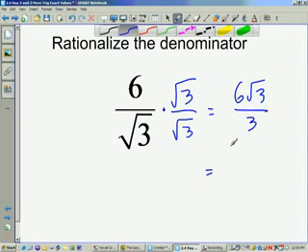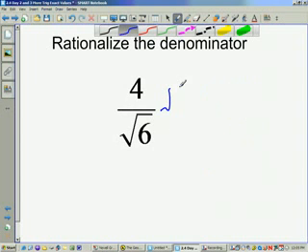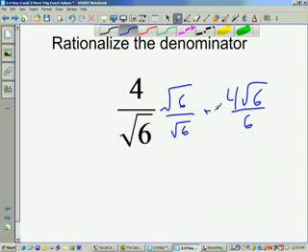Now in this case we can simplify this. 6 divided by 3 is 2. So this will be 2 root 3. If I multiply by root 6 over root 6, this would be 4 root 6 over 6. Now I simplify 4 sixths to being 2 thirds.